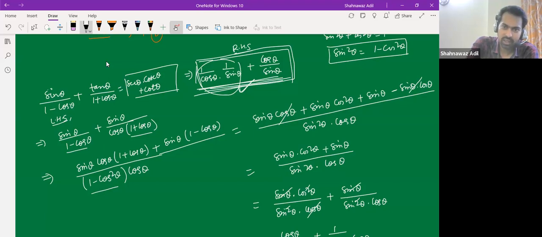Any other doubt? Quickly note it down, and whenever you note it down, please check.